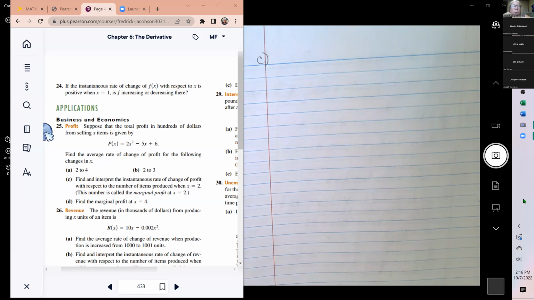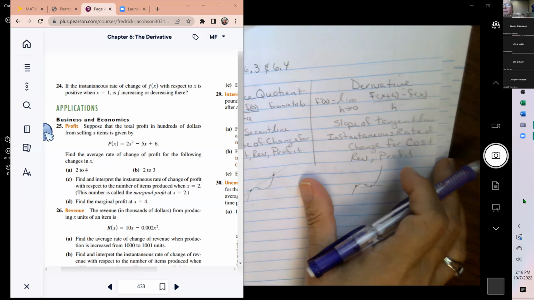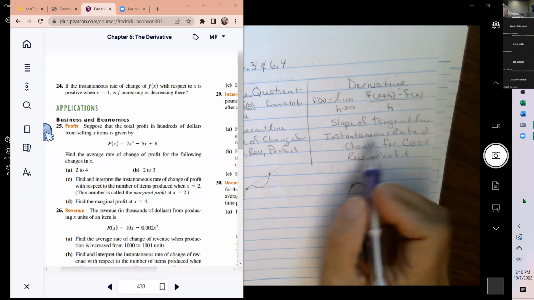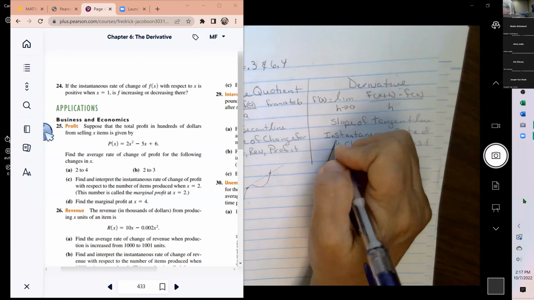This number is called marginal profit. So instantaneous rate of change, they could also say marginal profit. Sometimes they'll say instantaneous rate of change, sometimes they'll say marginal profit. It means the same thing.